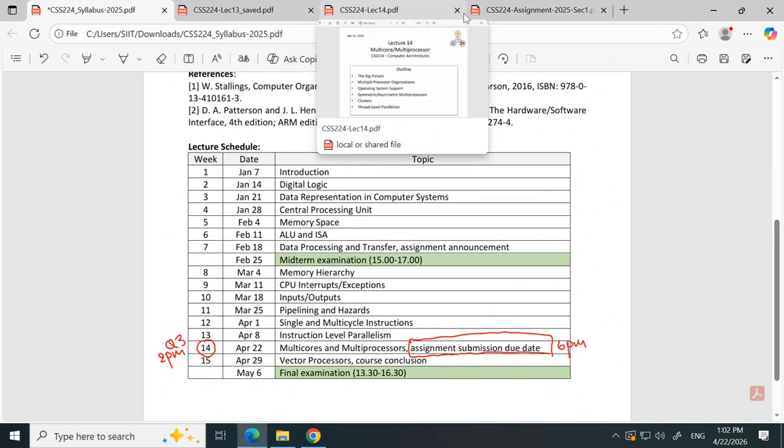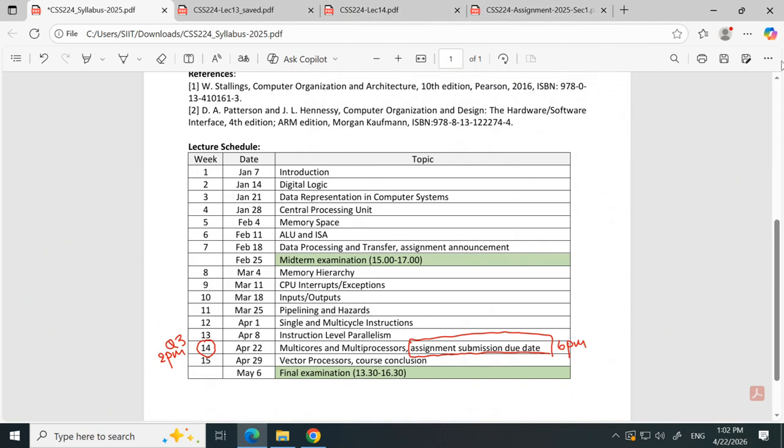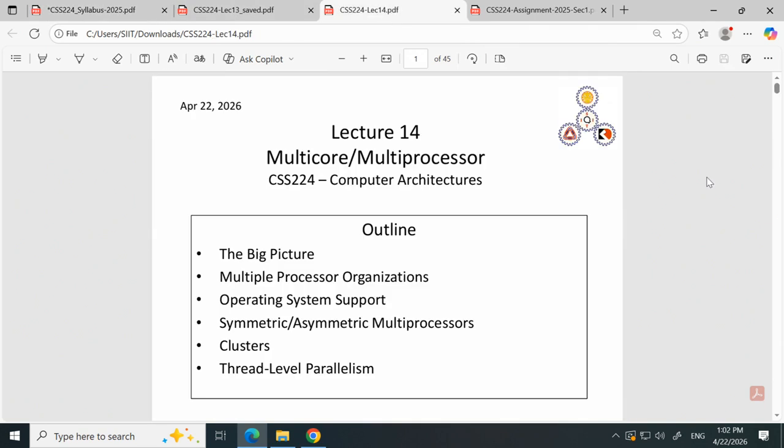Okay, what is this about for our today's lecture? Multi-cores, multi-processors. Sounds so familiar, right? Okay, let's see what they are. Lecture 14, this is the outline. You need to see the big picture first, because you learned a lot from lecture 1 to lecture 13.